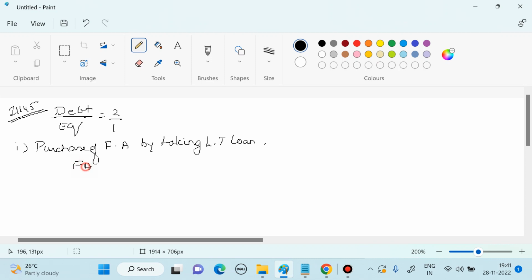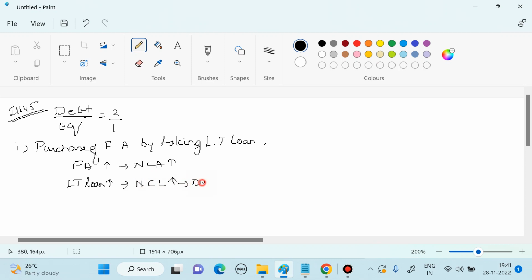Your fixed asset is going to increase, which is a non-current asset increasing, which will not affect your debt to equity ratio. But at the same time, how are you financing that fixed asset? By taking a long-term loan. So long-term loan increases. Where do we classify long-term loan? In a non-current liability. So that increases.